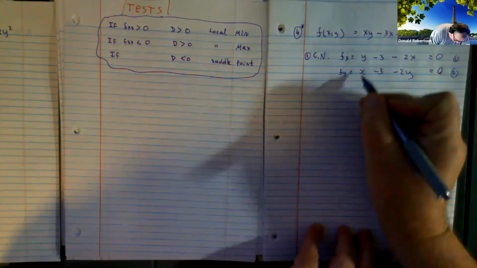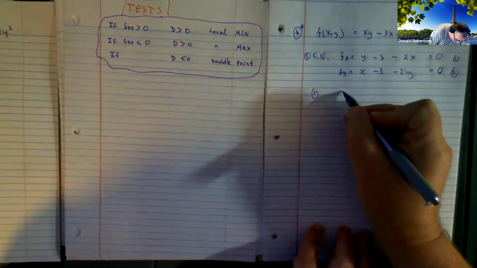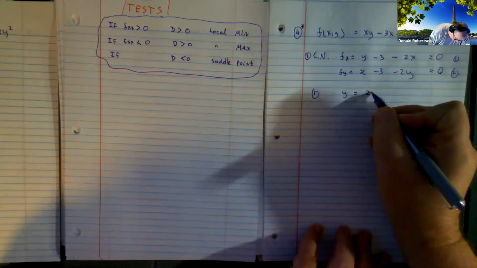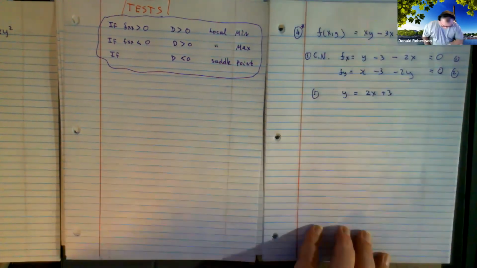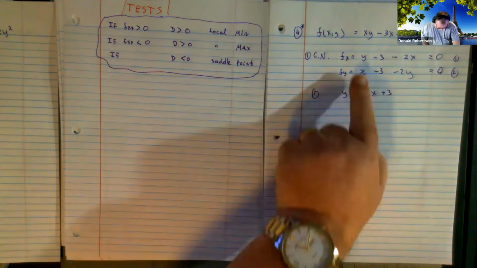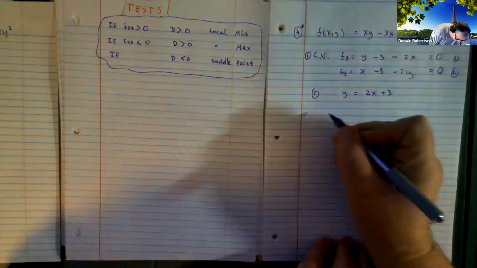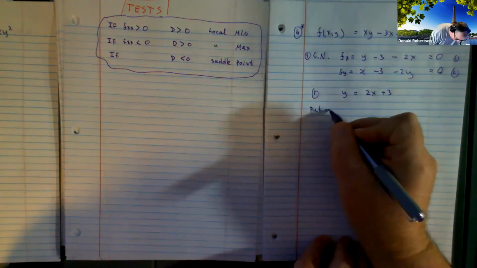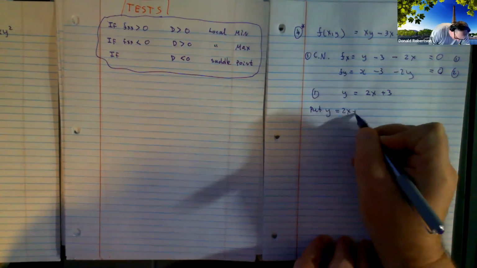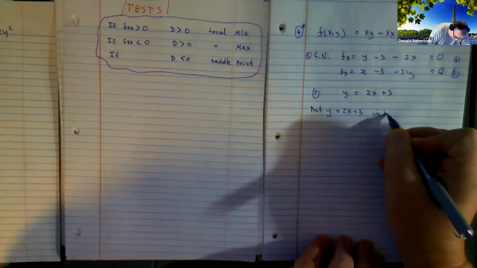What I would probably do is take equation 1 and rearrange it by adding 2x and adding 3 to both sides. So that's equation 1, rewritten in that way. I can then put this into equation 2.